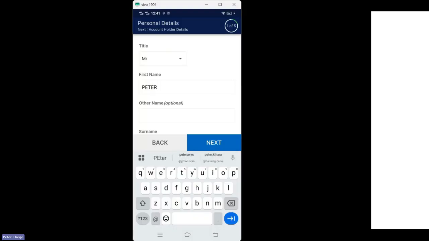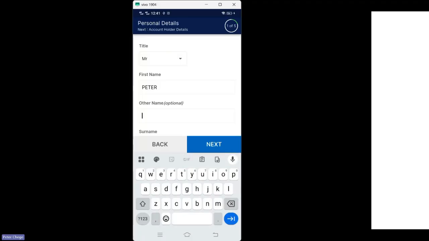So I'll use my name. Then other name: if you have two names, you ignore other name and go to surname. So you put your first name and surname. If you have three or more names, apart from your surname, the other one or two names go under other name.